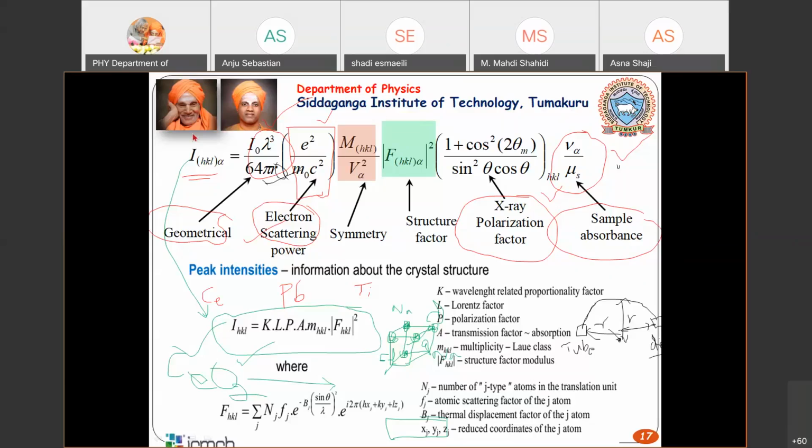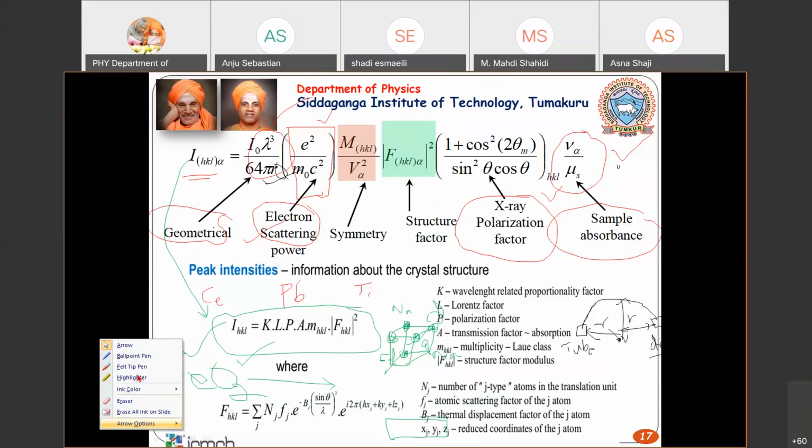Okay. So when it comes to symmetry, it is mainly due to the arrangement of your atoms. This comes from your unit cell. If you want to talk about the unit cell, then you need to know the crystal structure of that unit cell. So there are 7 crystal systems, which are cubic, tetragonal, orthorhombic, all those things.